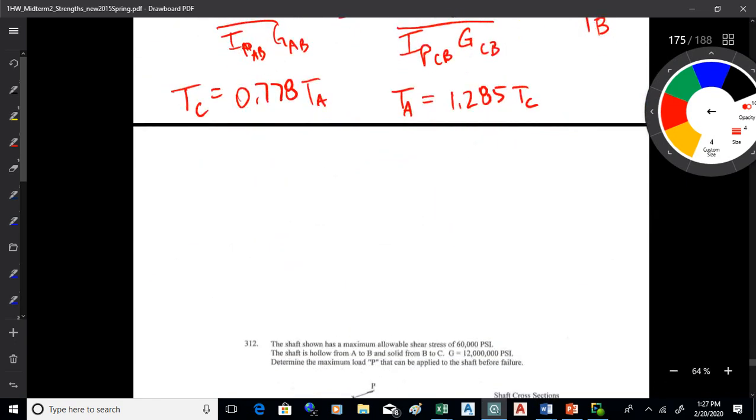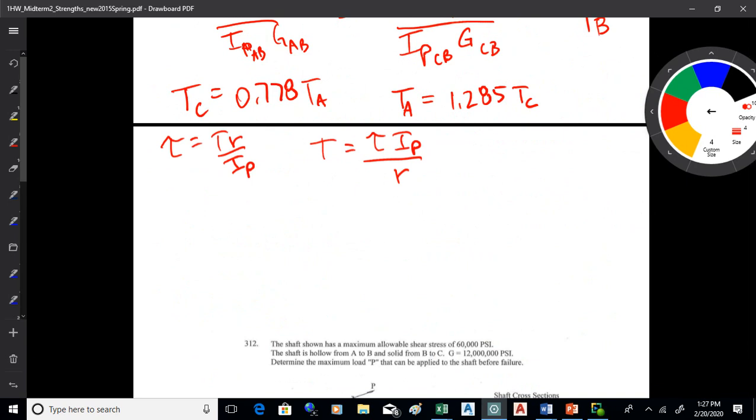So the way to do that is look at what the shear is. It's Tr over I. So if you want to find the torsion, you go the shear times I over the radius, okay? And this will be the maximum torsion. Really this formula here is for tau max. So if I want to find the maximum torsion, I'm going to take tau times I_p divided by r.